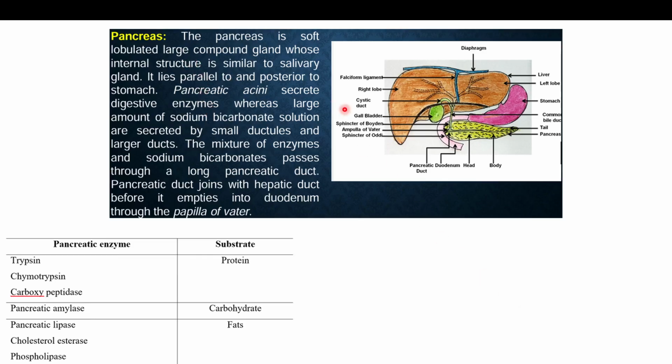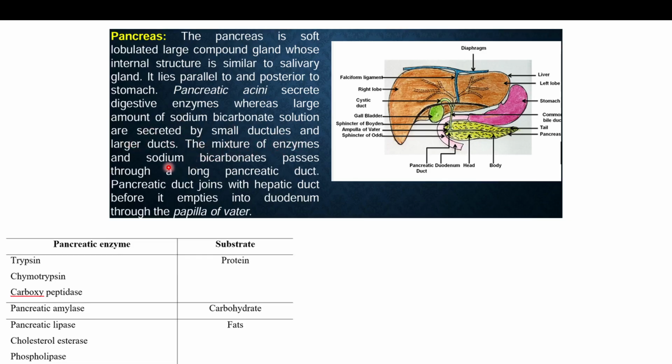And then we have this pancreas over here, which is a soft lobulated large compound gland whose internal structure is similar to the salivary gland. It lies parallel to and posterior to the stomach. Pancreatic acini secrete digestive enzymes, whereas a large amount of sodium bicarbonate solution is secreted by small ductules and larger ducts.